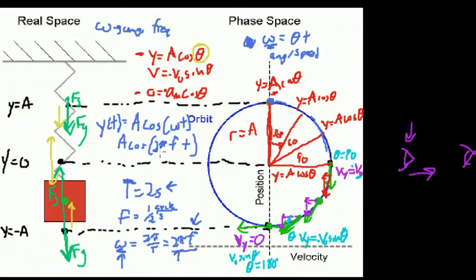And to give you an idea of what this looks like, if t were equal to 1 over f, so basically if we waited until it had completed one complete circle, and that was our time, so our period was completed, then this whole term would cancel out, right?